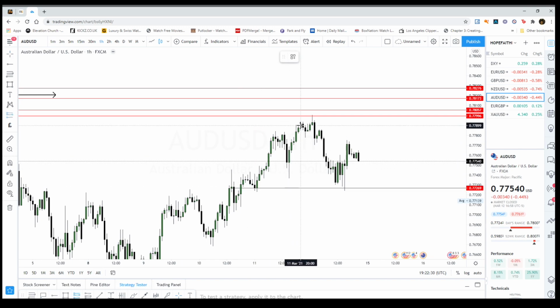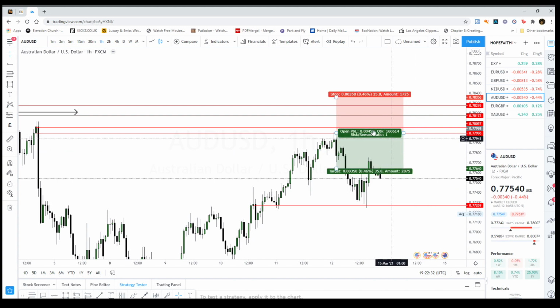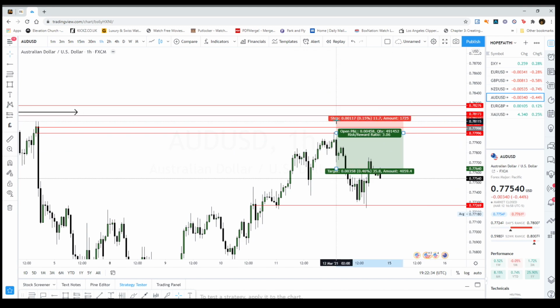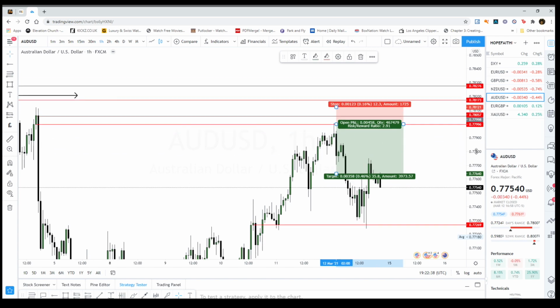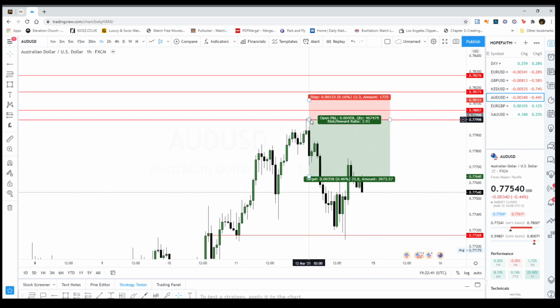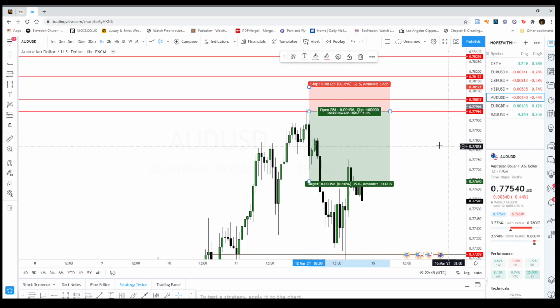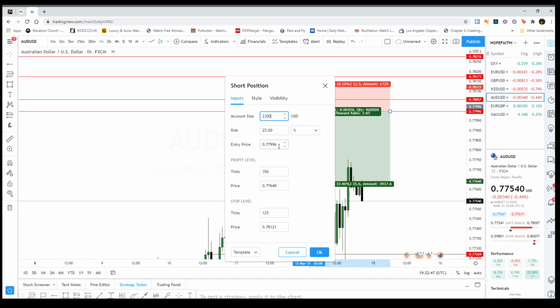So if we just measure that, just to give you an example, your stop loss would have been above this wick, just to make sure that we get that entry right there. There you go. So that's actually a very good entry. This would have been 8,000.